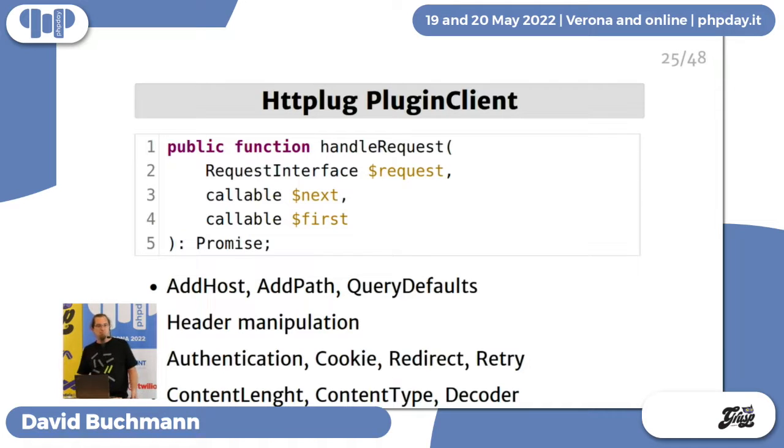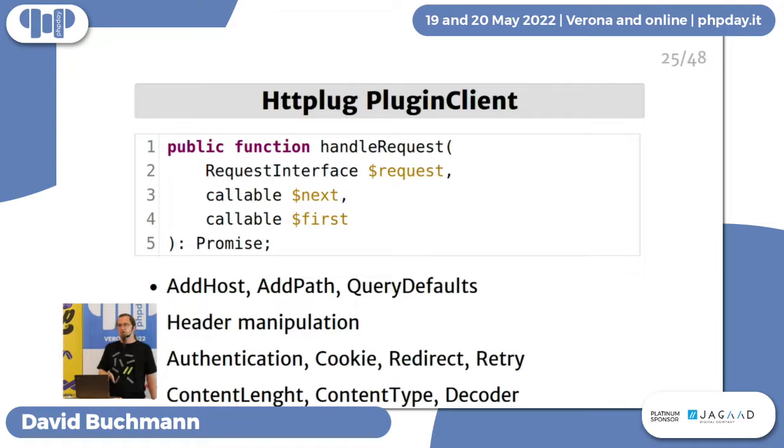Or all kind of header manipulation, where you remove headers, add headers, or replace them. There's authentication. I'm going to have a whole slide about that, because it's a bit more involved. And then also utility things like setting the content length of your request, checking content types, decoding content, all these kind of things.